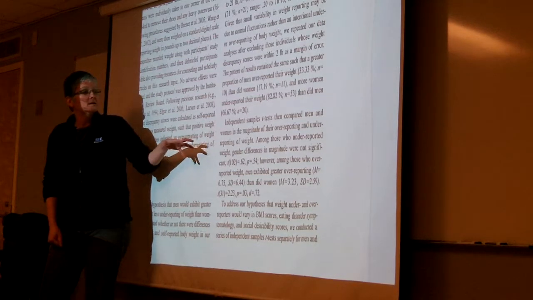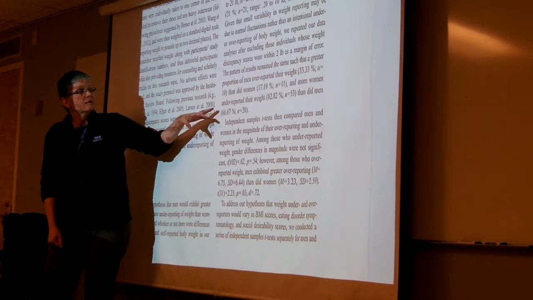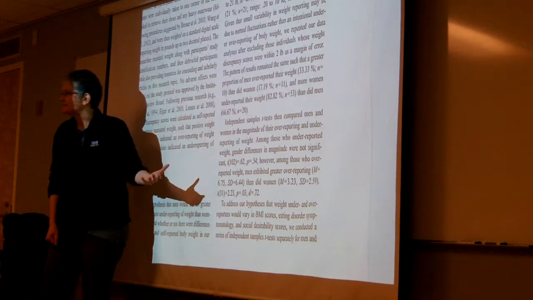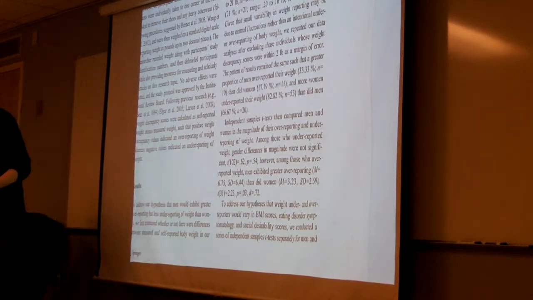I mean, if they're looking at over-reporters for men, you're talking 10 guys. 10 is not a big sample, but it's a third of the people they've got to work with, and only 10. 10 is a tiny, tiny sample.